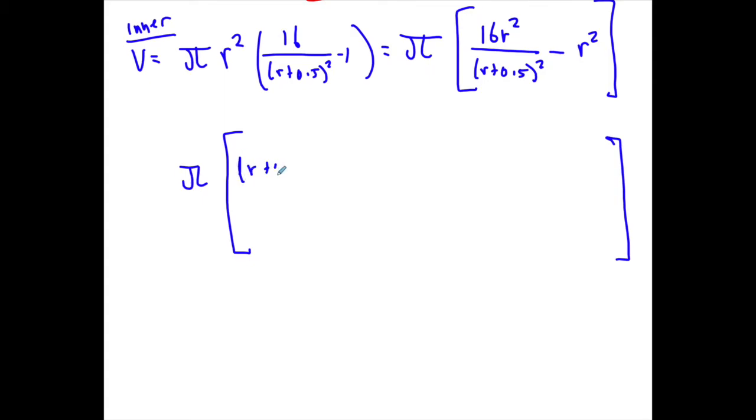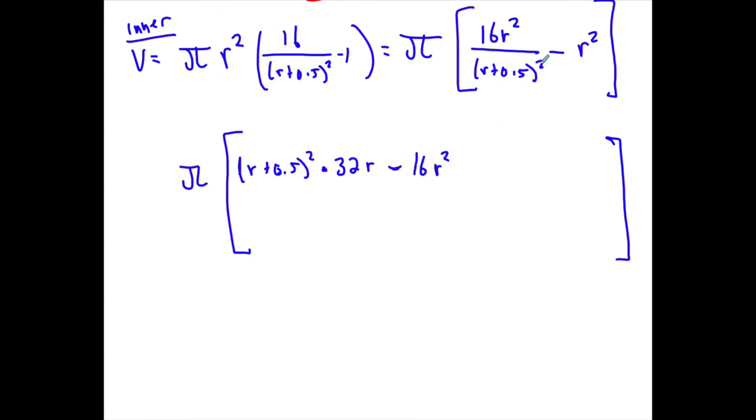So we have low r plus 0.5 squared, d high, so that's 32r, quotient using power rule, minus high.